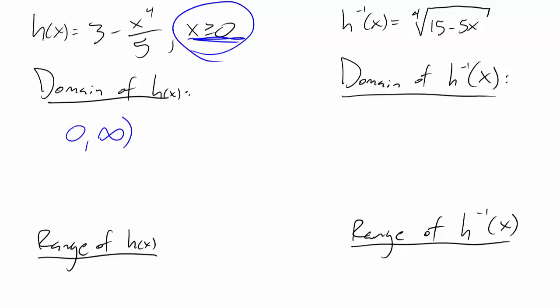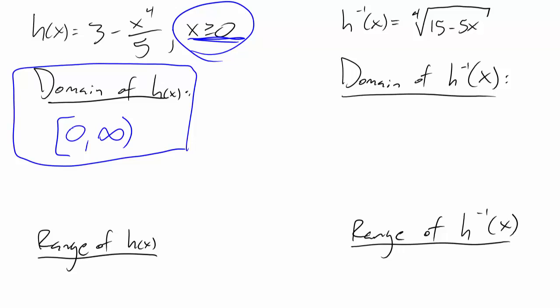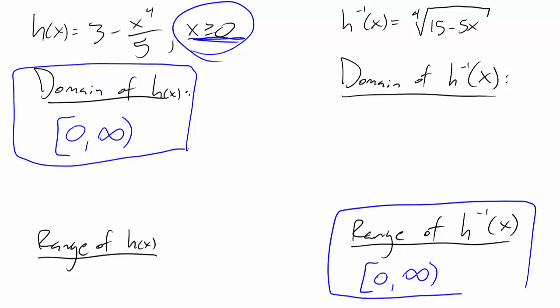Infinities always get parentheses, but the 0 will get a bracket, and that takes care of our domain for h of x. And furthering the good news is the domain of h of x is the range of h inverse, so that is also going to be 0 to positive infinity. Alright, so 2 down, 2 to go.